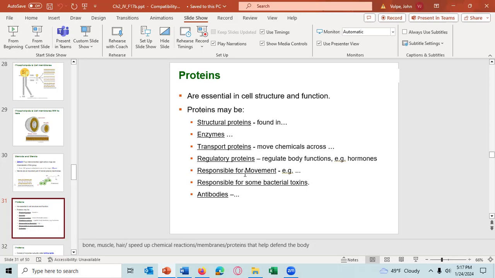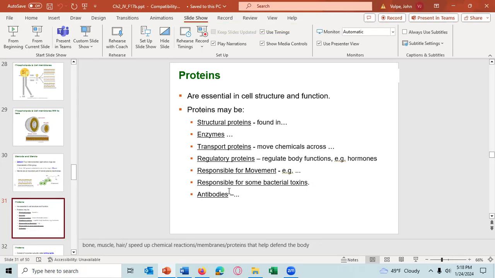There are proteins responsible for some bacterial toxins. So some proteins can be a bacterial toxin. If you don't know, a toxin is a substance which is toxic to us. And then there are some proteins that we call antibodies that are made by organisms to help defend the organism against a microbial infection.